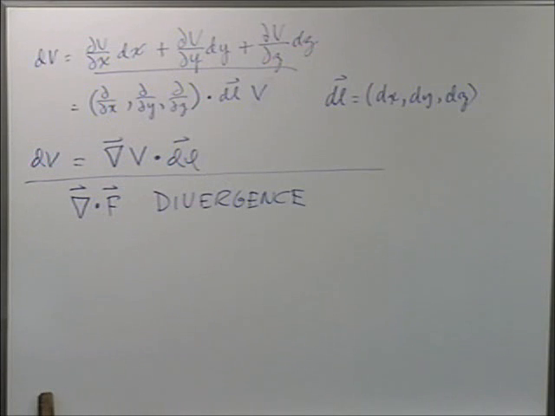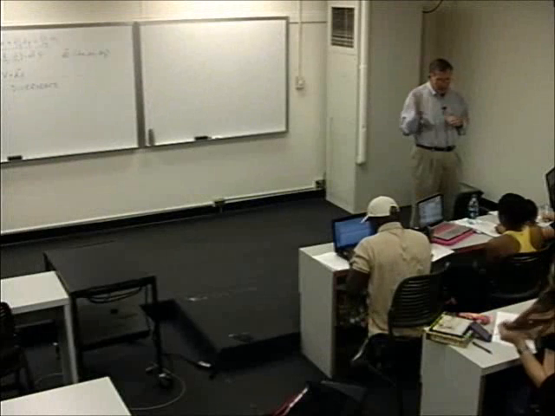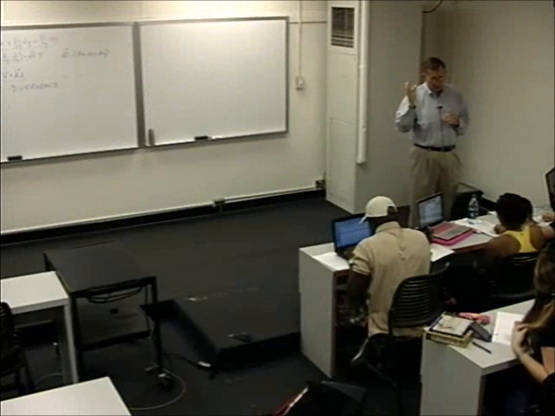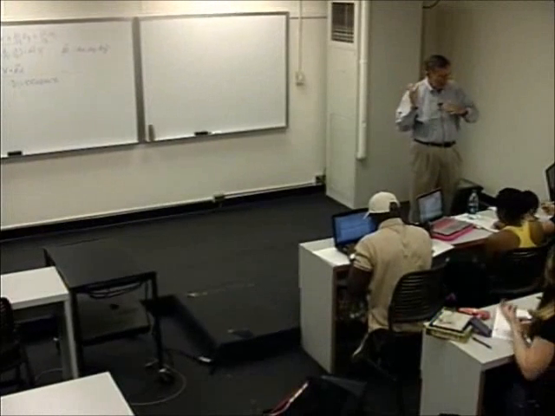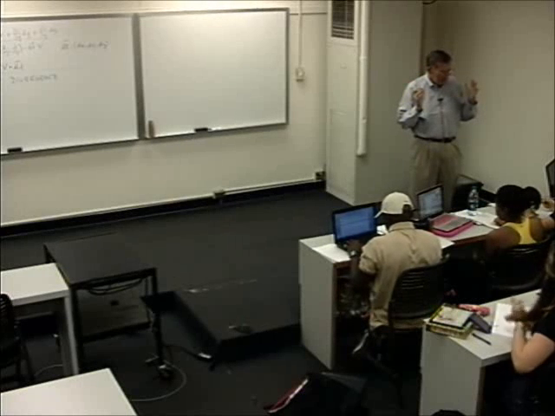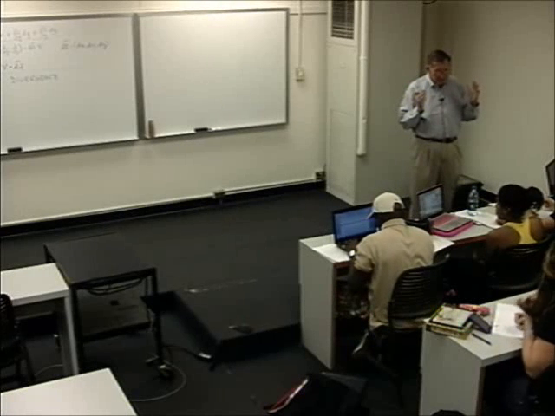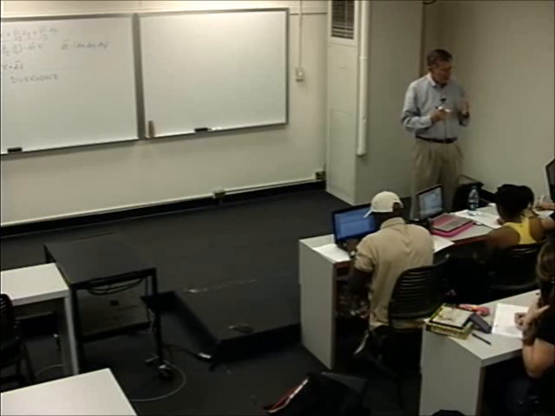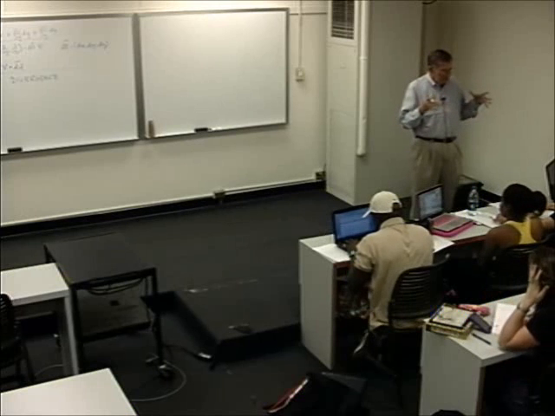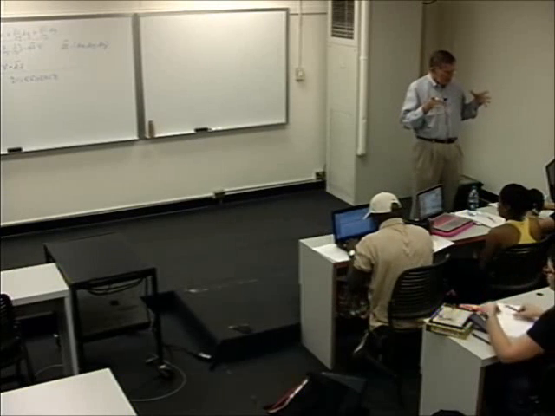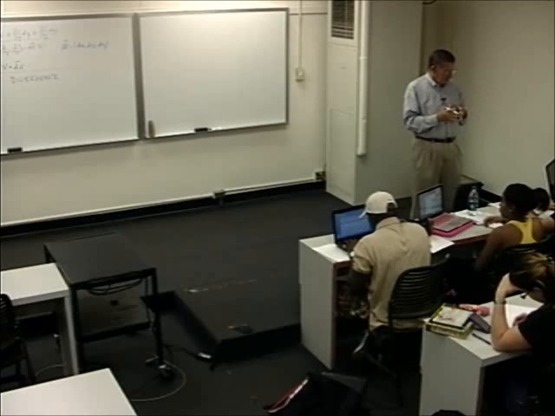If you look at the right side of Gauss's theorem, you're taking the vector, you're taking the dot product with the outward facing normal. So that measures the vector component that's normal to the surface, and you're just adding it over the surface. So the physical significance of the divergence is a net outflow.